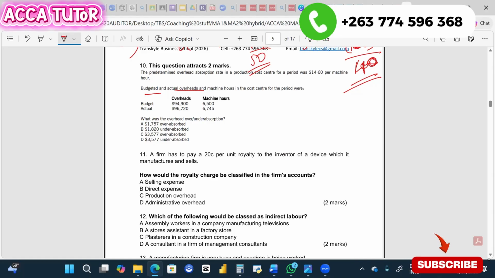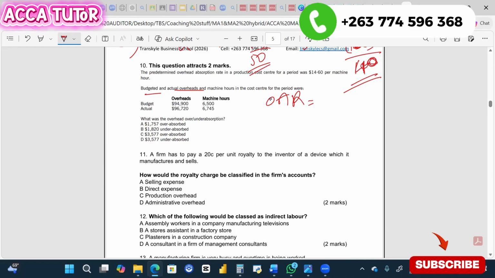When you talk of absorbing overheads, we are talking of budgeting for overheads. We budget in advance. So normally we have to commit what is called an overhead absorption rate, a predetermined rate.